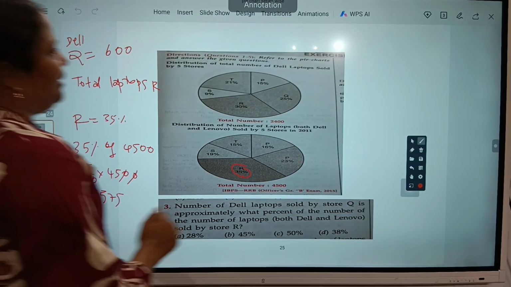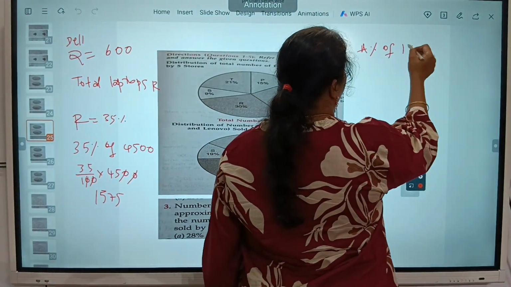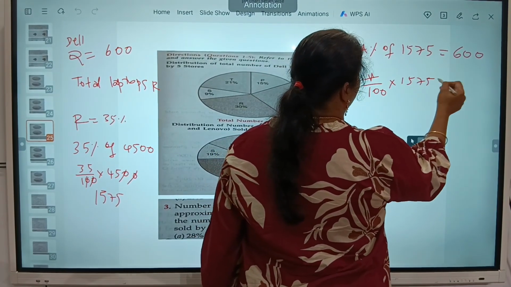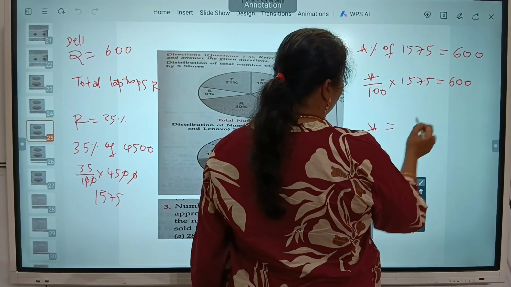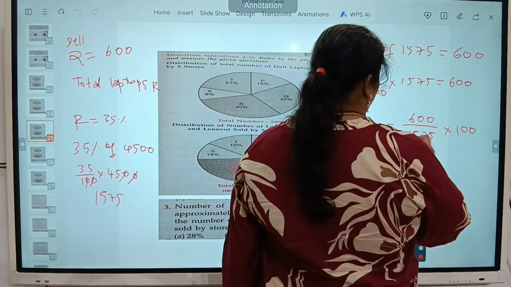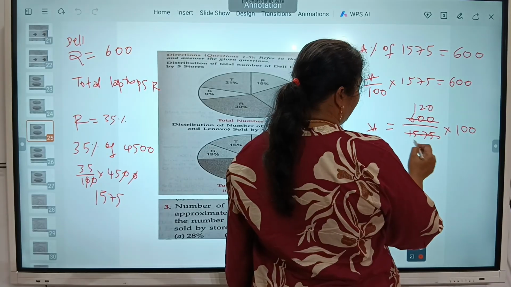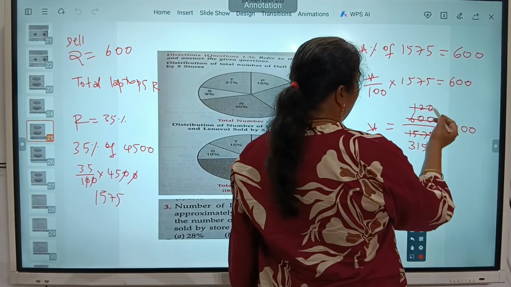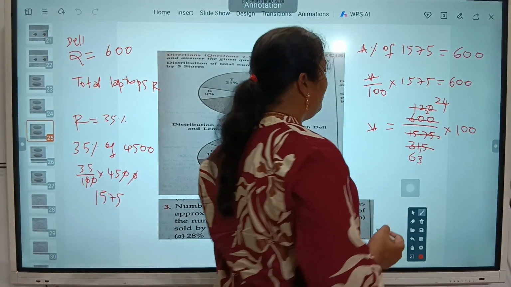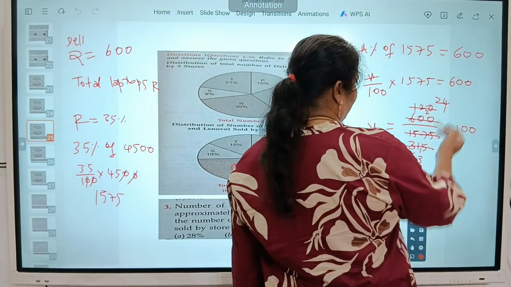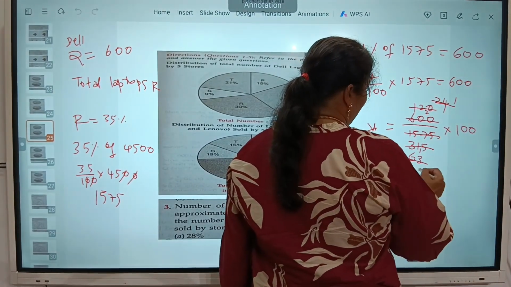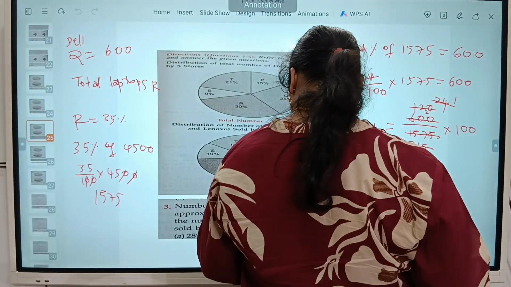Now we have to find X percent of 1575 is equal to 600. So X by 100 into 1575 is equal to 600. So X will be equal to 600 by 1575 into 100. Okay, it comes around 2.5 by 100, which means it is approximately 40%.